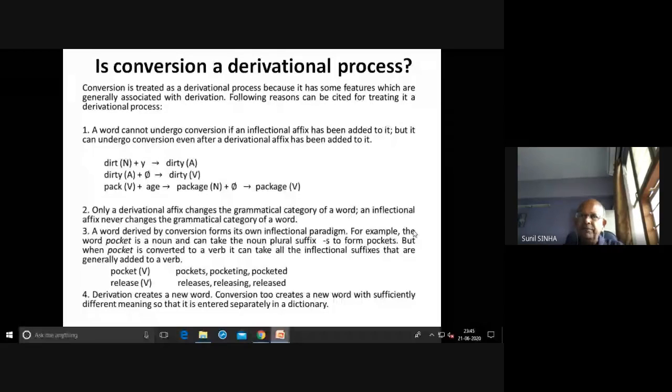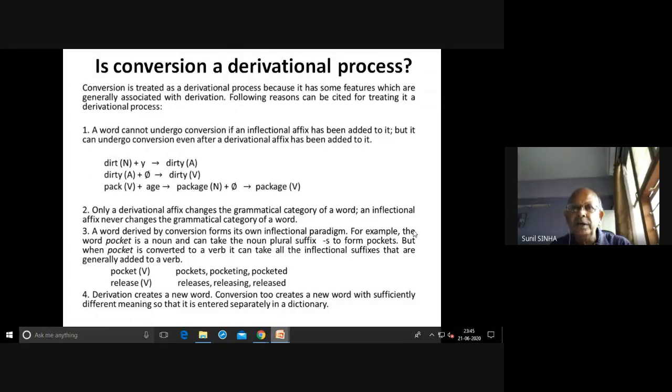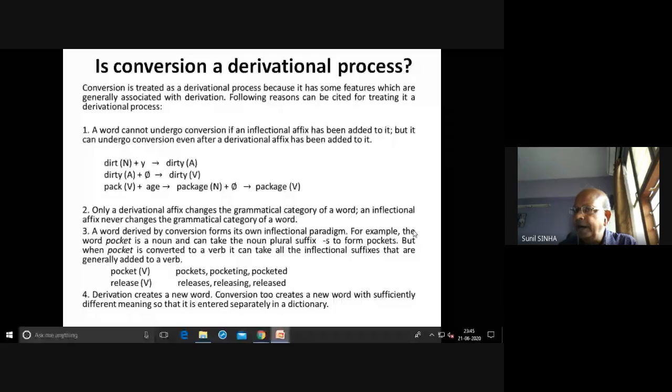I have already explained this when I was dealing with the difference between inflectional morpheme and derivational morpheme. An inflectional morpheme does not change the class of a word. Walk is a verb, walks also is a verb. But a derivational morpheme may change the class of a word.